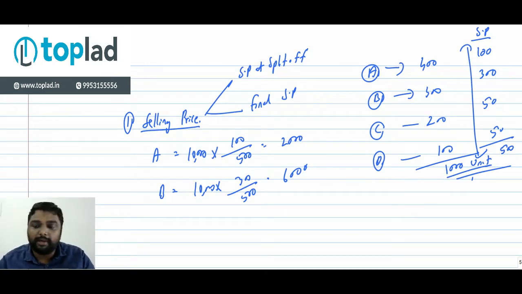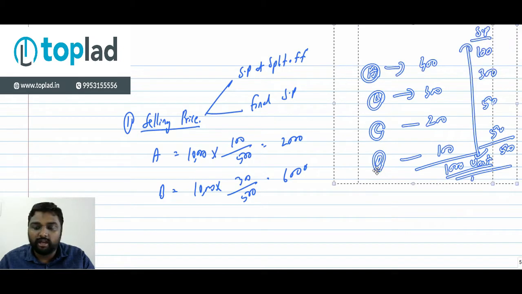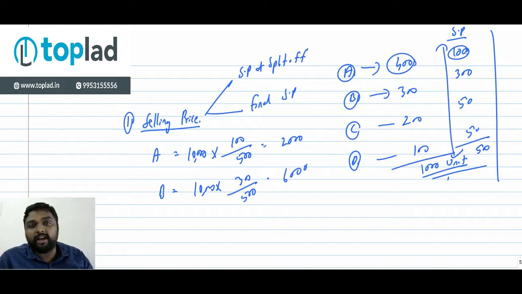What is the limitation here? The limitation is very clear. Let's say one example. In this case, for A there is only a selling price of 100, but we have produced 400 units, so we are not taking the value into account.